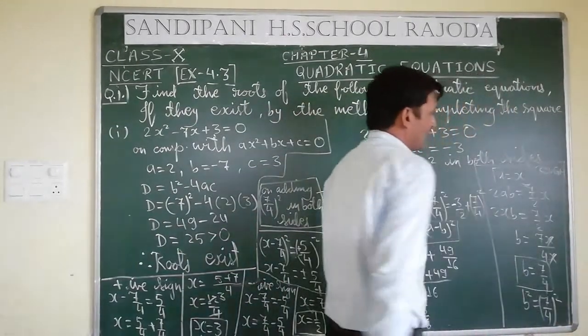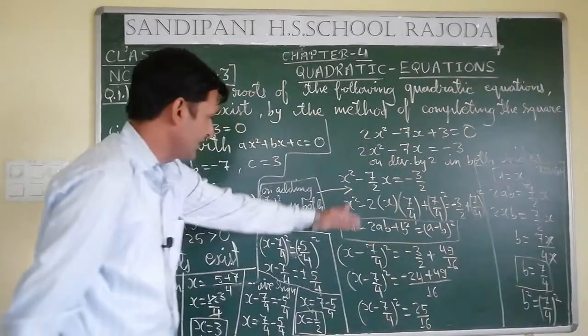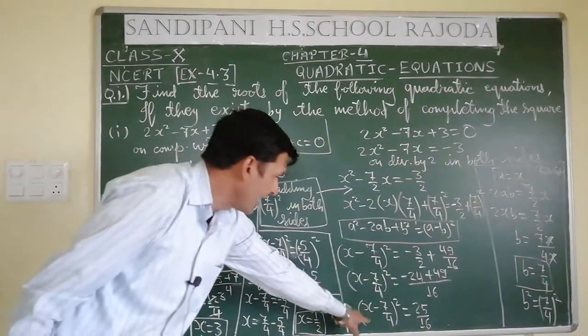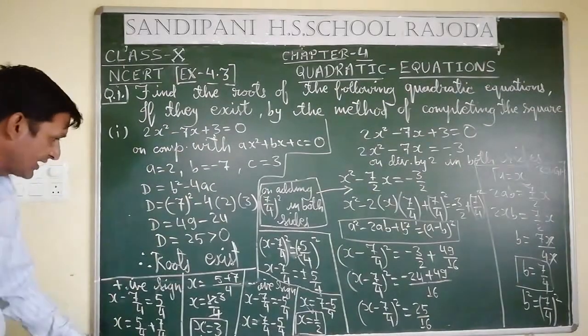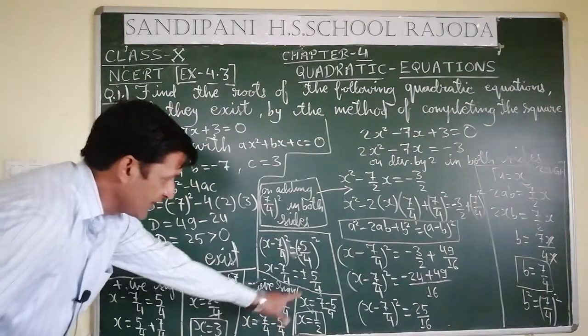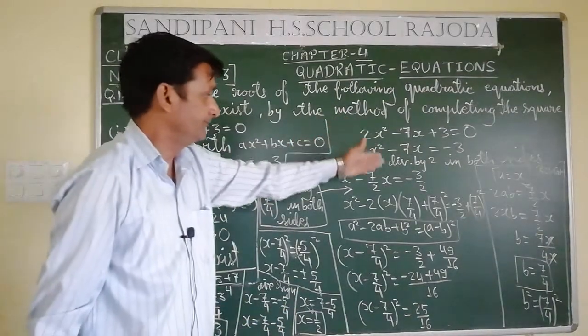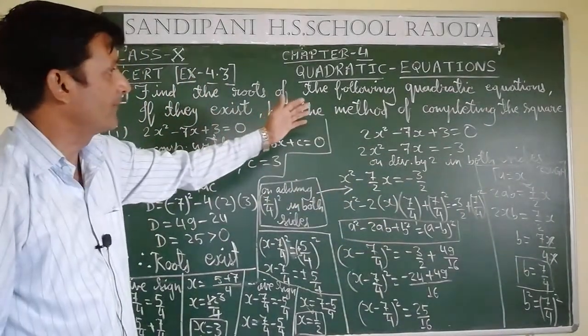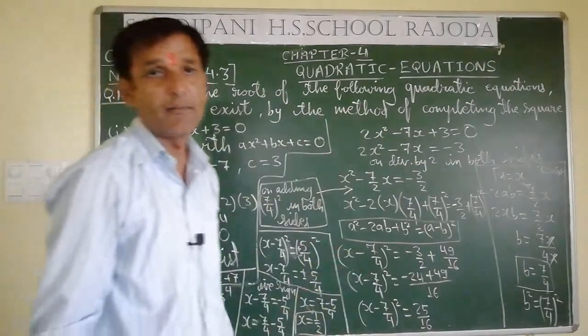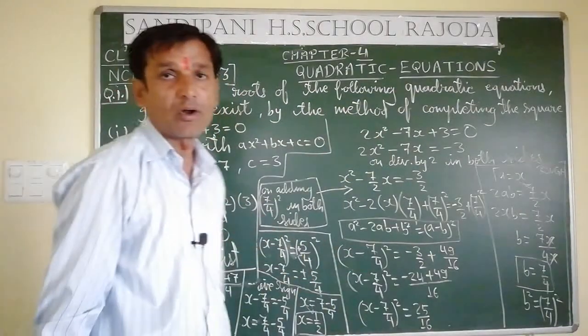This rough work is required there, and after that, completing the square, you have to write this step, and then the positive sign is this one and the negative sign is this one. So in this way you can find the roots by the completing the square method. This question number 1 is over.